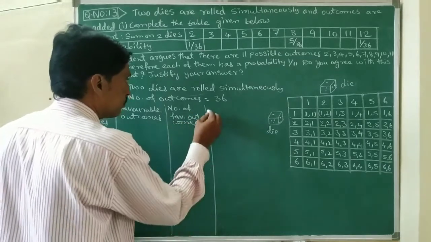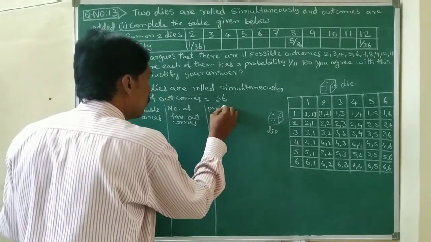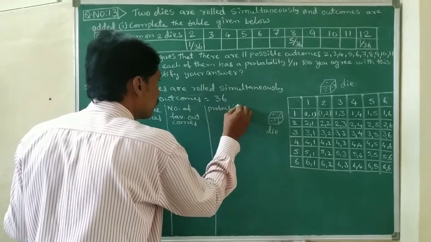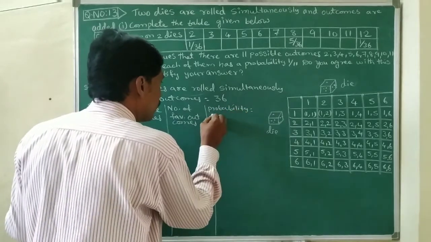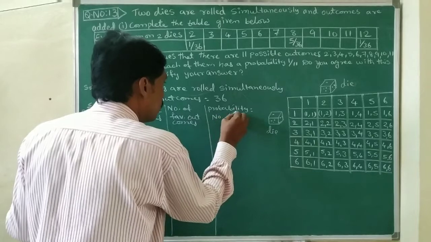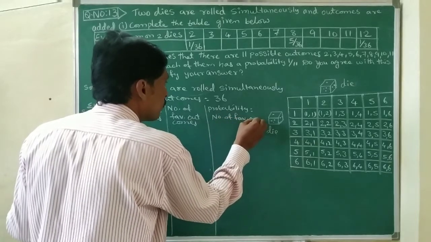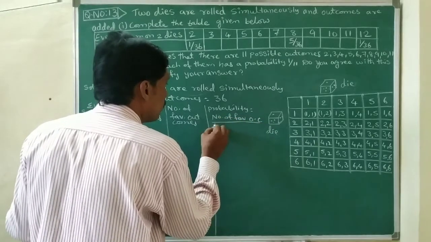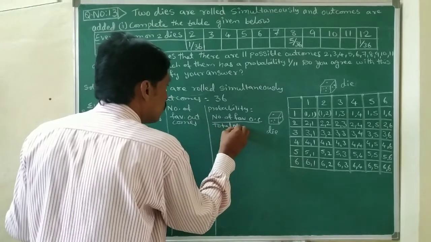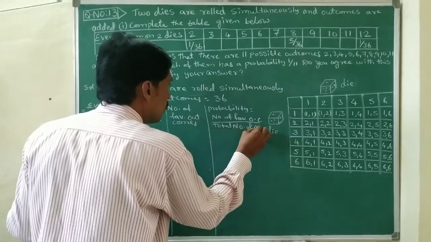Next, probability. So probability equals number of favorable outcomes by total number of outcomes.